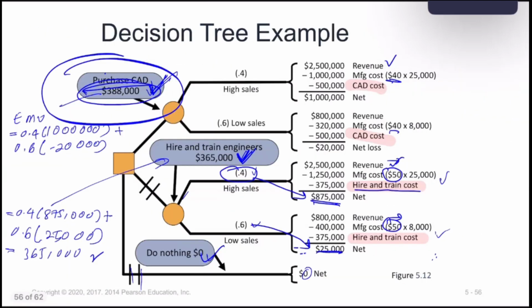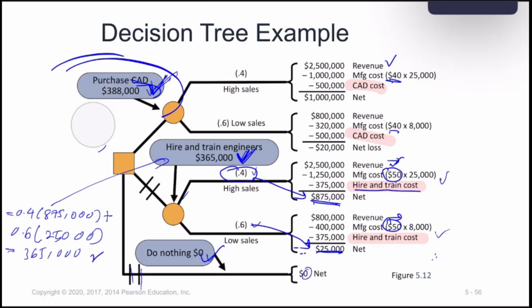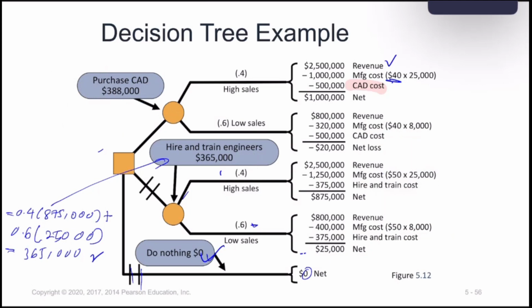Same goes to the next one, when we hire and train an engineer. What are the related profits here? You can see that the manufacturing cost is much higher, as given in the instructions. Without CAD, this is your cost of manufacturing.